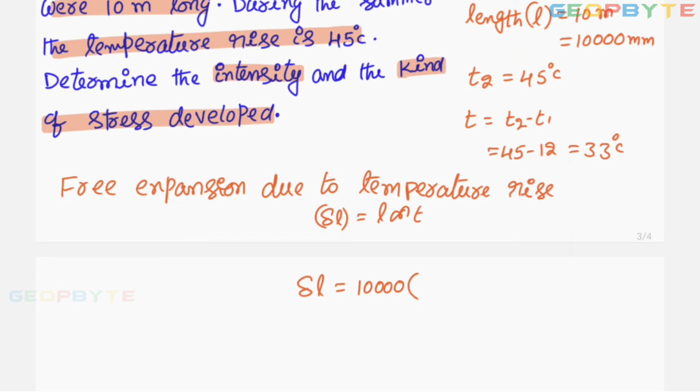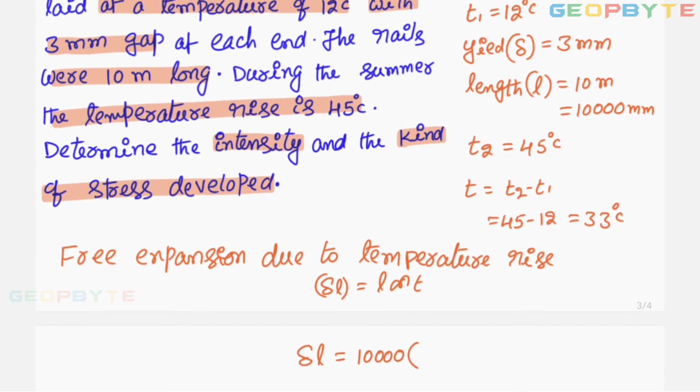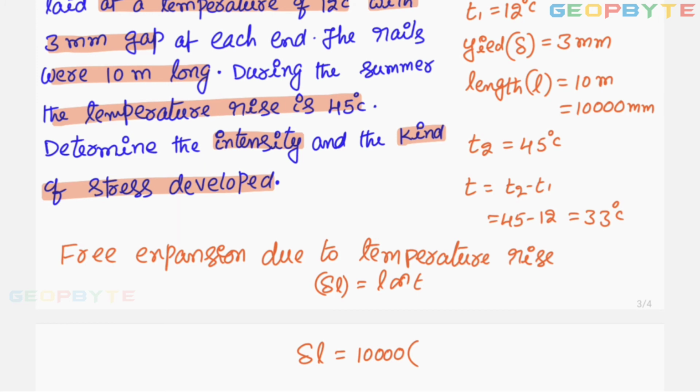So change in length delta L, L equal to 10,000 mm. Alpha, the coefficient of linear expansion, I did not write here. It is given in the problem. I forgot it. Alpha S equal to 12 into 10 raised to minus 6 per degree centigrade, and Young's modulus for steel also given, 2 into 10 power 5 Newton per mm square.